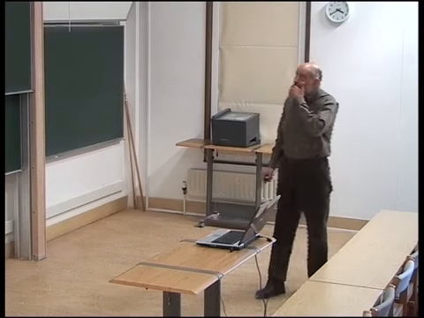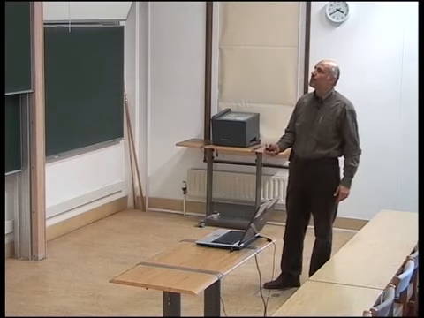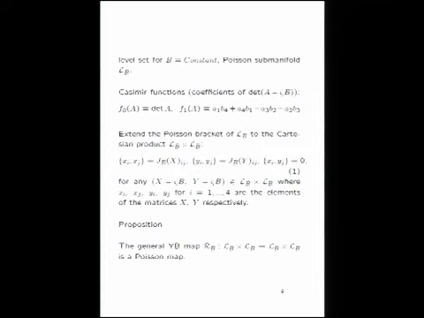Now, first of all, as I said, fix B. So you already are on a Poisson submanifold. And then you have two Casimir functions. One of them, once you fix B, F2, is already the determinant of B. Okay? And so you now have two Casimir functions for this bracket.